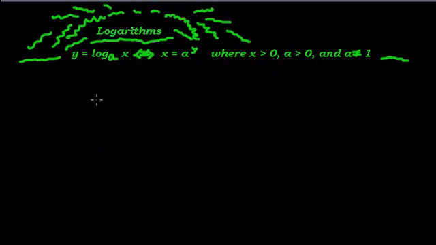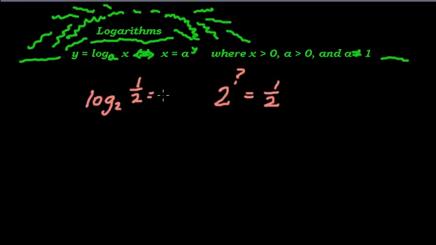All right, let's look at a couple more. Let's look at log base 2 of 1/2. Now I'm trying to figure out 2 to what power will give me 1/2. In order to get this fraction, that would mean a negative exponent. So this would actually equal 2 to the negative 1 would be 1/2.